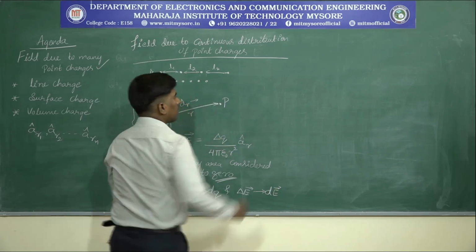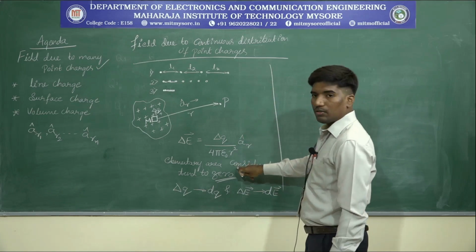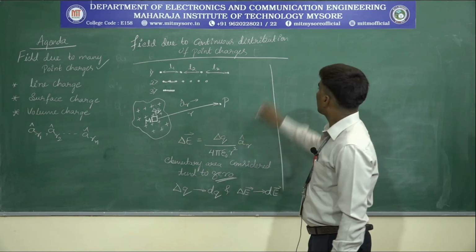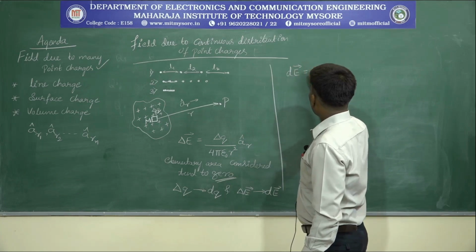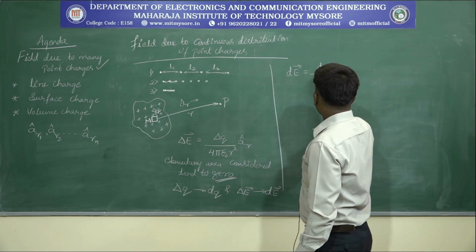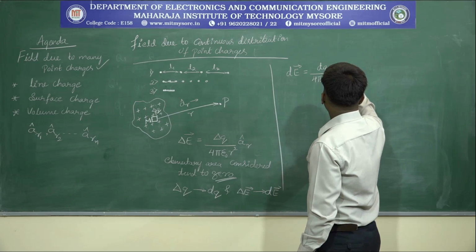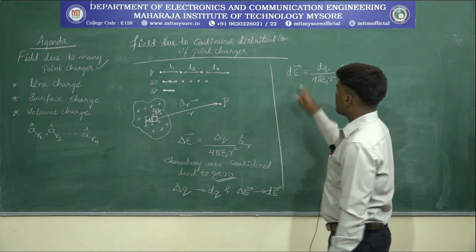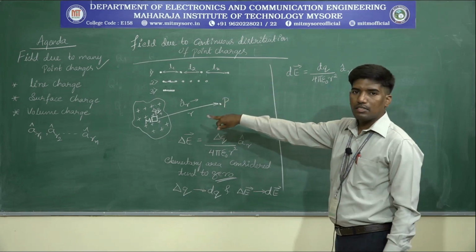Got it? So coming to the next part, according to this limit, the equation can be rewritten as dE is equal to dQ divided by 4 pi epsilon naught r square into a cap r. This is the electric field intensity due to a small charge.